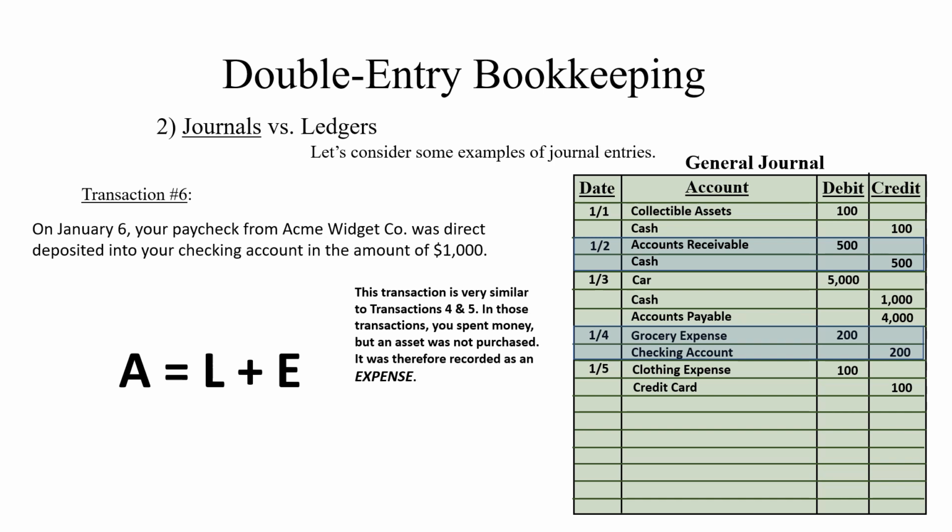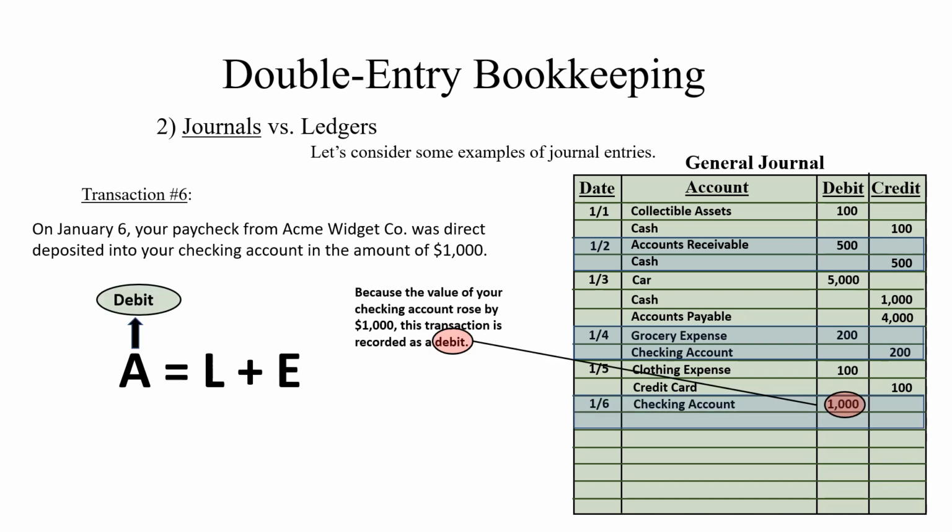It was therefore recorded as an expense. An expense occurs when you spend money but receive nothing of marketable value in return. In this transaction, you received money, but an asset was not sold. So it is therefore recorded as income.